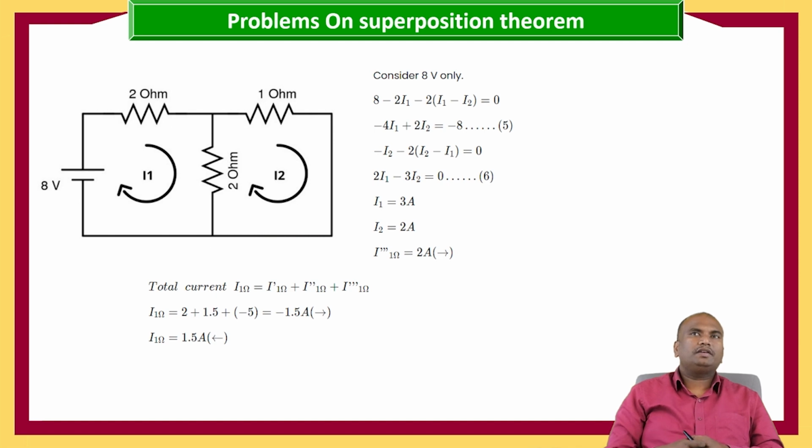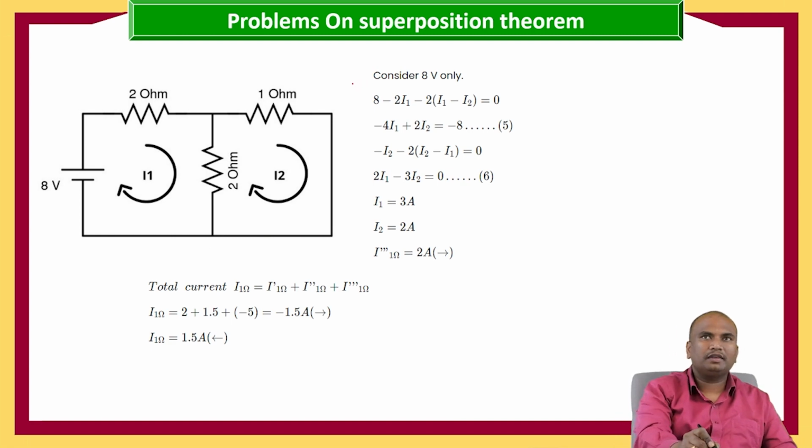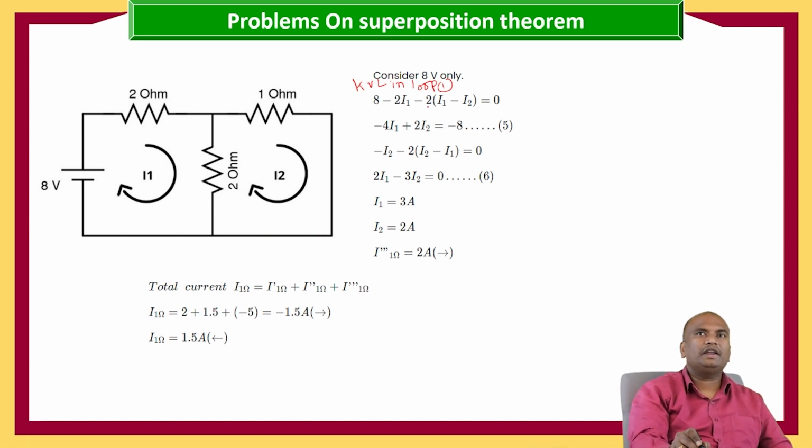Now we go with considering the 8 volt source. When we apply KVL in loop 1: 8 minus 2 into I1 minus 2 into I1 minus I2 equals 0.